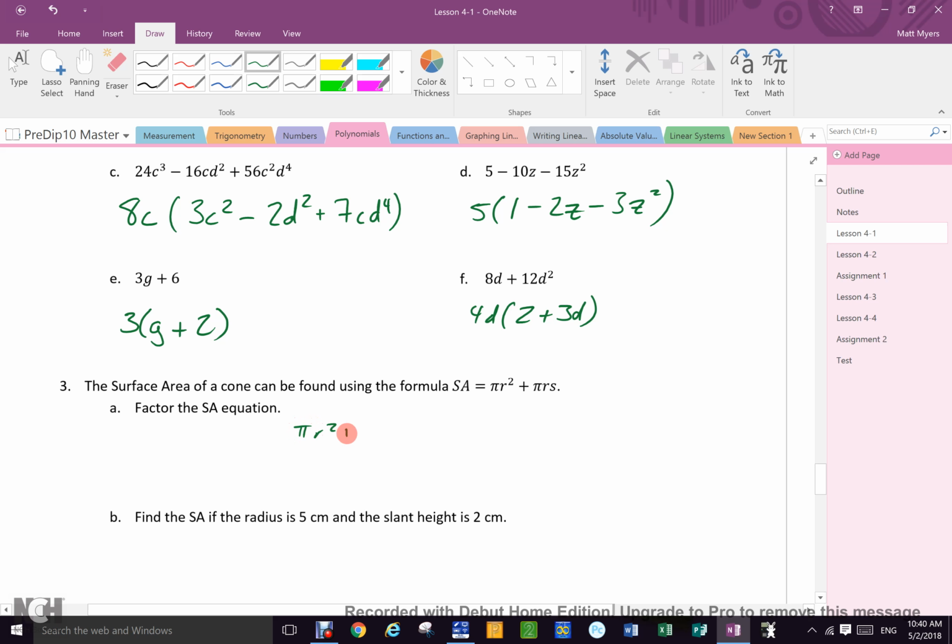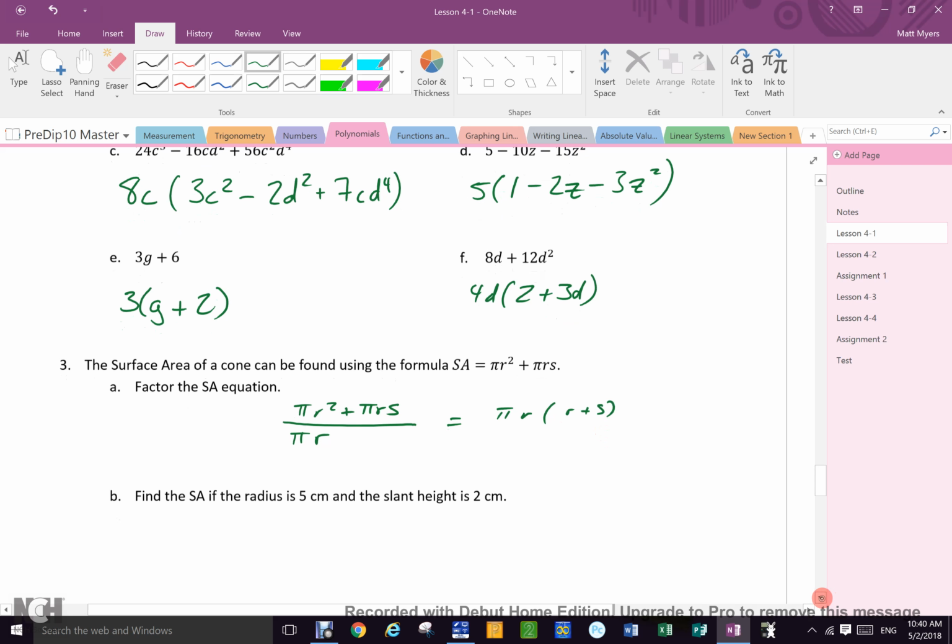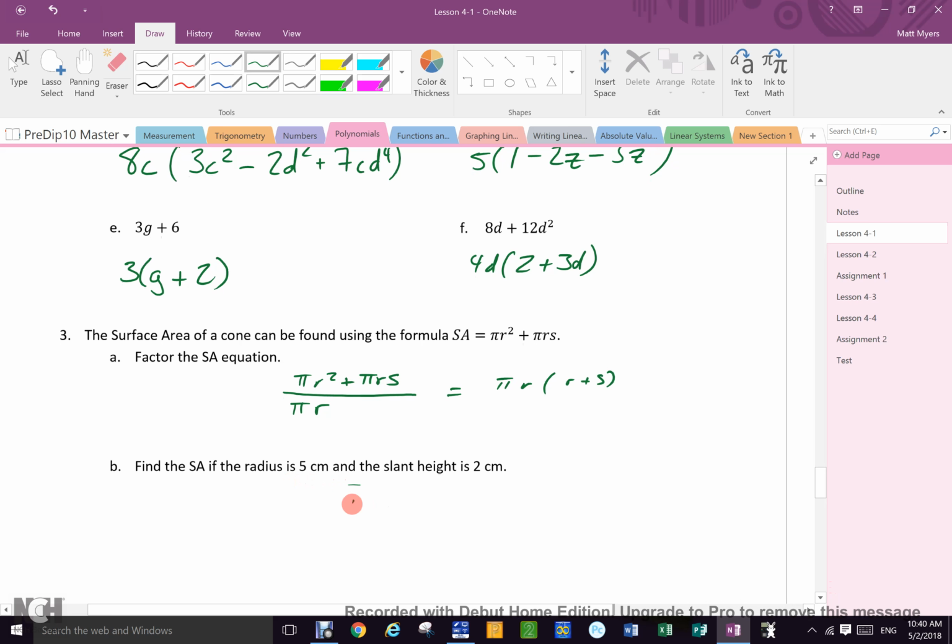This one. Pi r squared plus pi rs. What's common? Pi r. So pi r. What's in here? R plus s. Find the SA if the r is 5 and the s is 2. Pi times what? 5 times what?